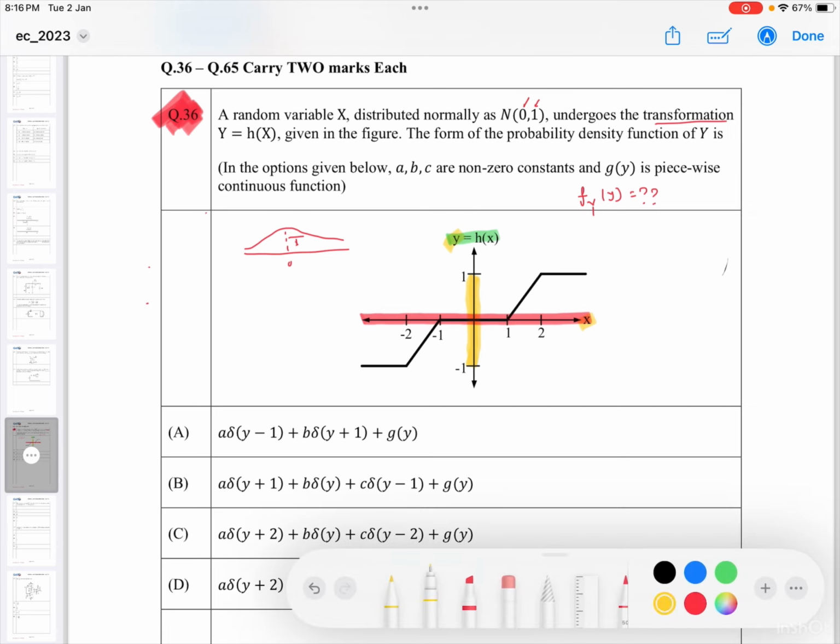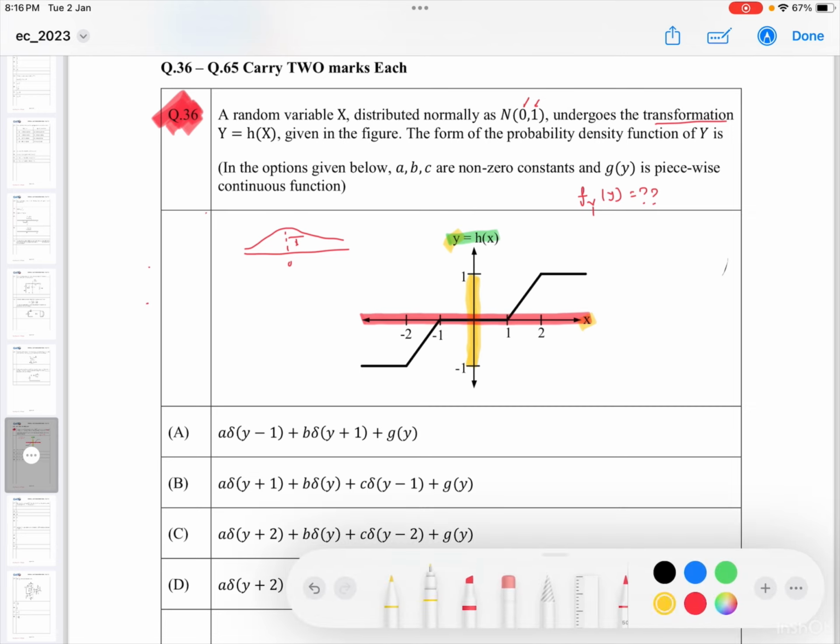So this is x, the PDF of x is this, right? It is normally distributed with the mean 0 and the variance 1. And y will be from -1 to 1. And for x from -1 to 1, y is 0, right?